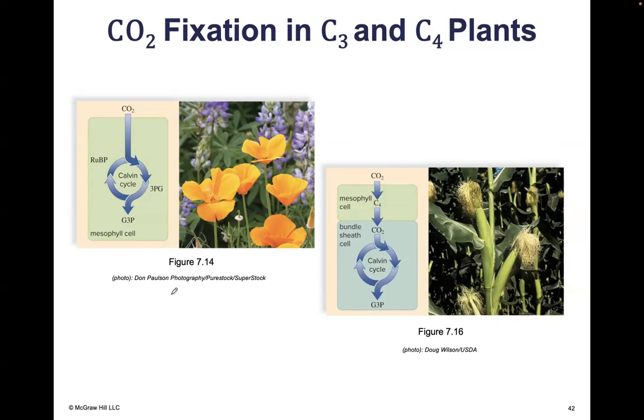It helps to fix the carbon to produce 6 carbon atoms, which is later split into 3PG, which later produces G3P and returns the ribulose to the system. Also in the C4 plant, for example, we've got mesophyll cells and the bundle sheath cells. So the carbon cycle produces G3P.